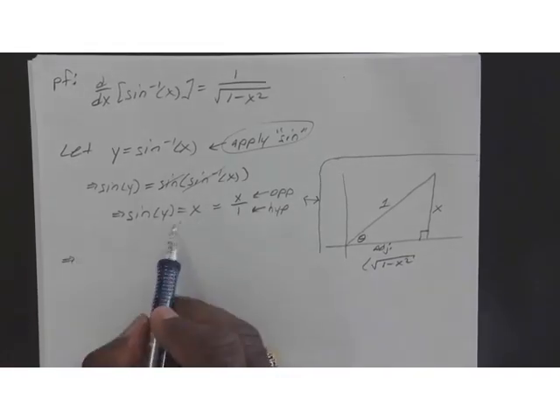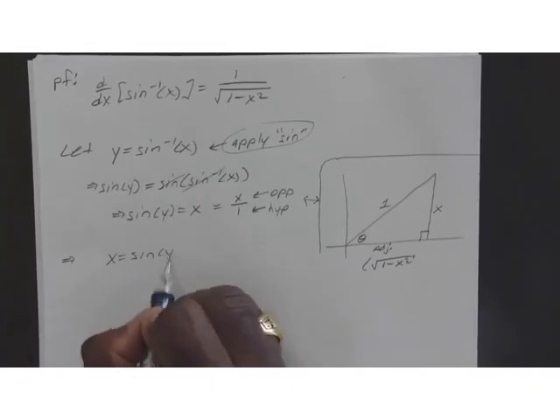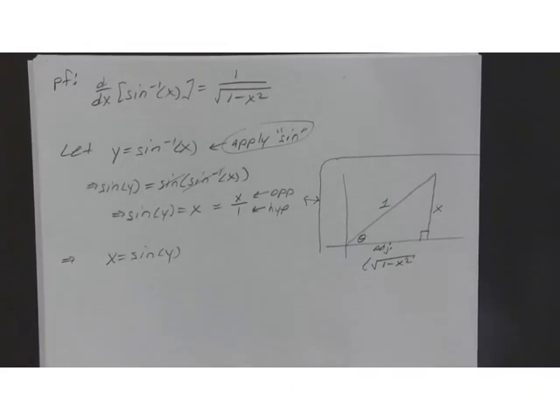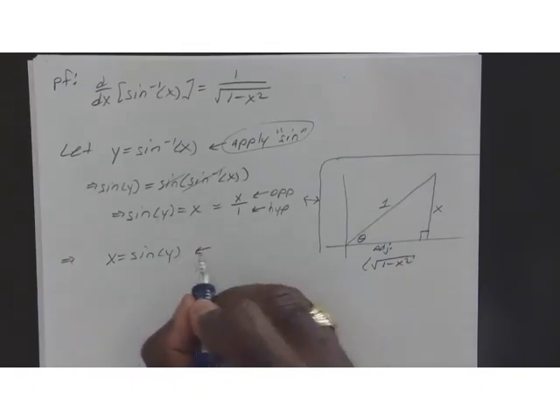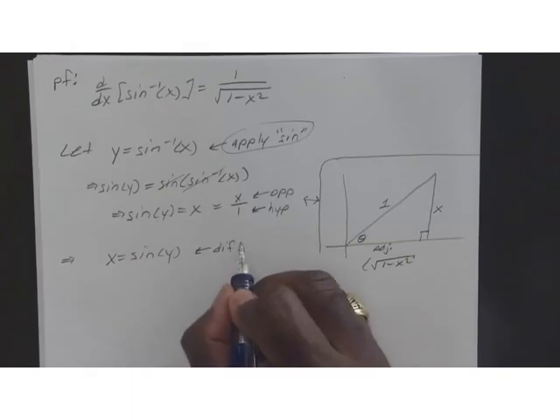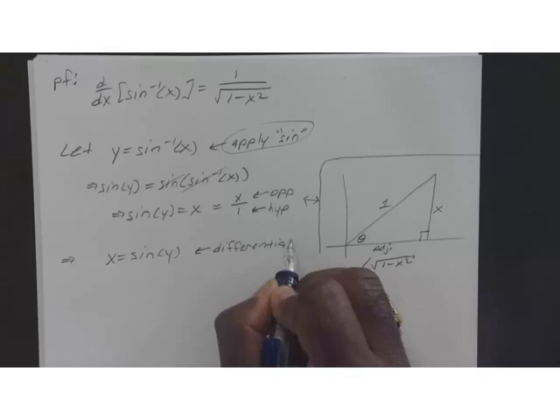Okay. So again, we know that x is equal to sine of y. We're just going to differentiate both sides. We'll find the derivative.